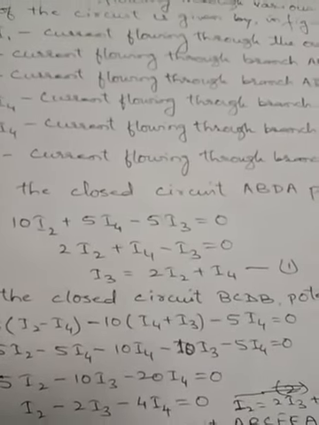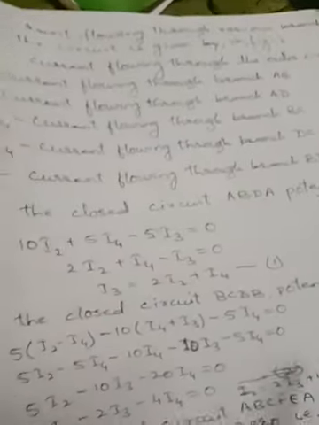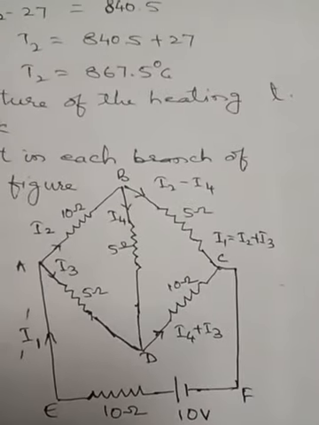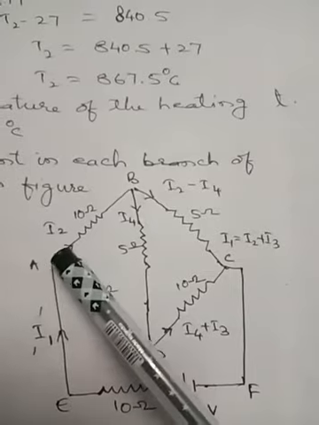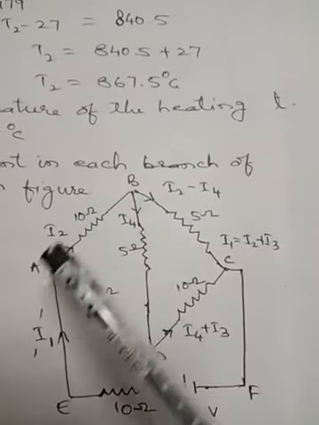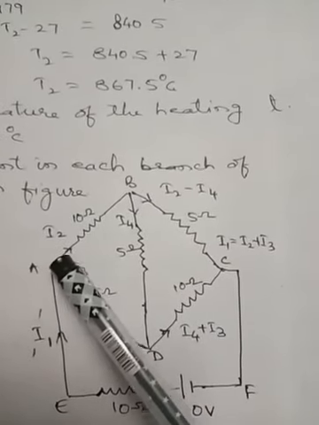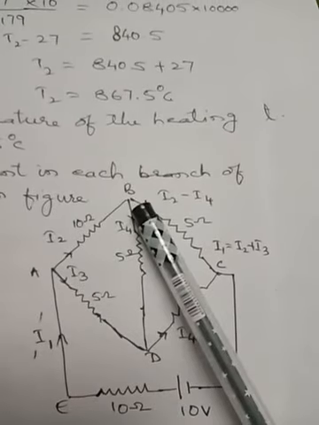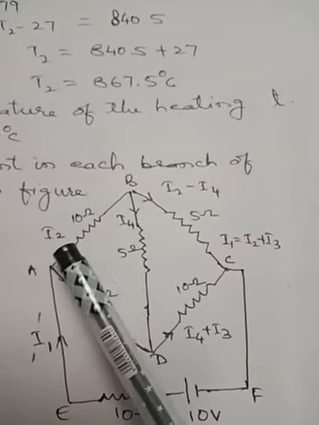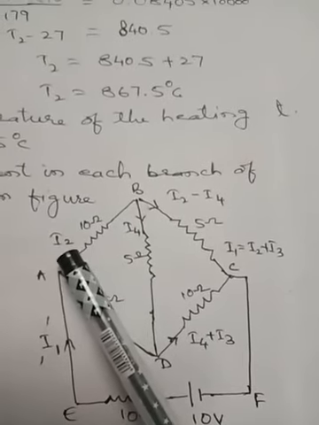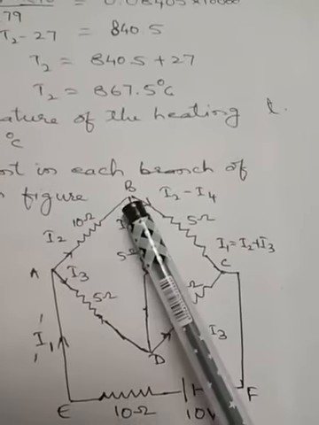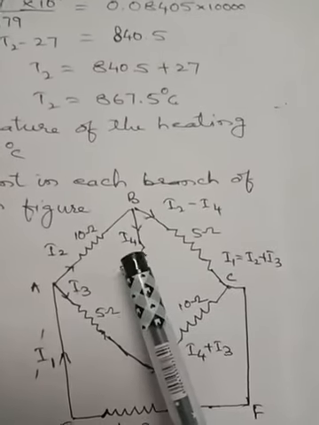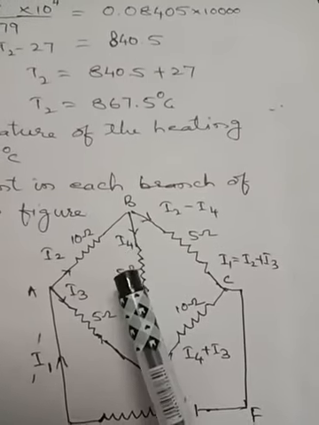Now I will show you why this. You just see here, at the point A, the current is flowing in this direction and we are also moving in the same direction. So what will happen here? 10 into I2, 10I2. Then the current will flow through BD. How much current is there? I4.